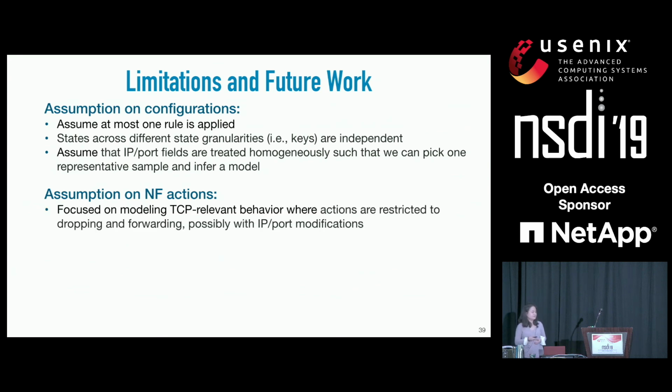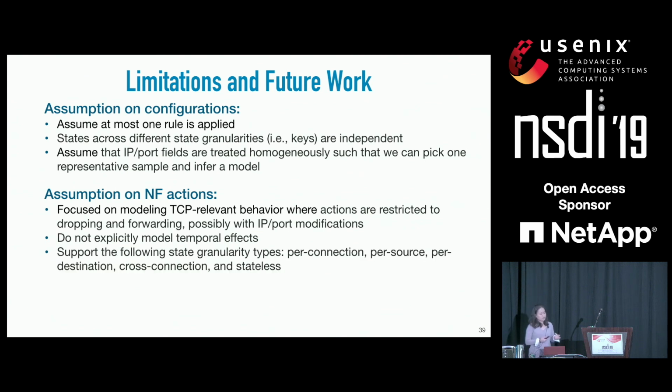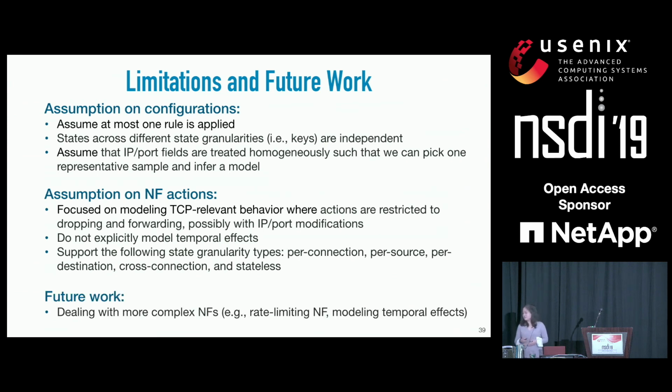We specifically model only TCP-relevant behavior, where the NF can either modify the IP and port, forward, or drop a packet. We do not explicitly model temporal behavior. We only support 5 types of state granularity. An interesting direction for future work is handling more complex NFs beyond those that follow packet-in and packet-out semantics.